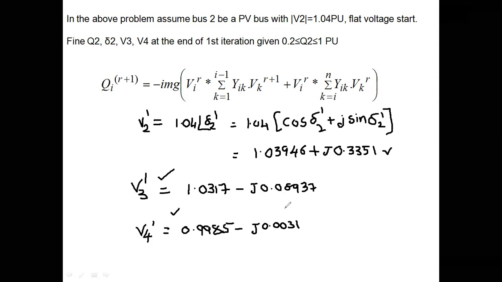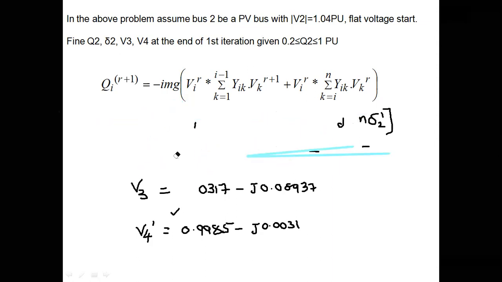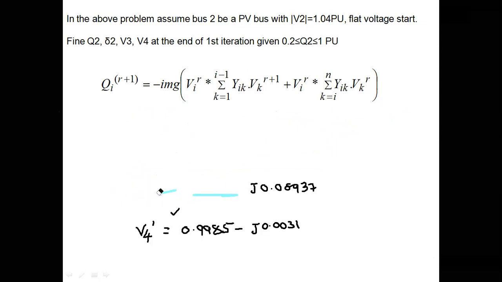Now, the next case is also very important. That is, the limits have been changed. Now we are going to see that also. In the problem, Q2 limits have been mentioned as 0.2 and 1 per unit.